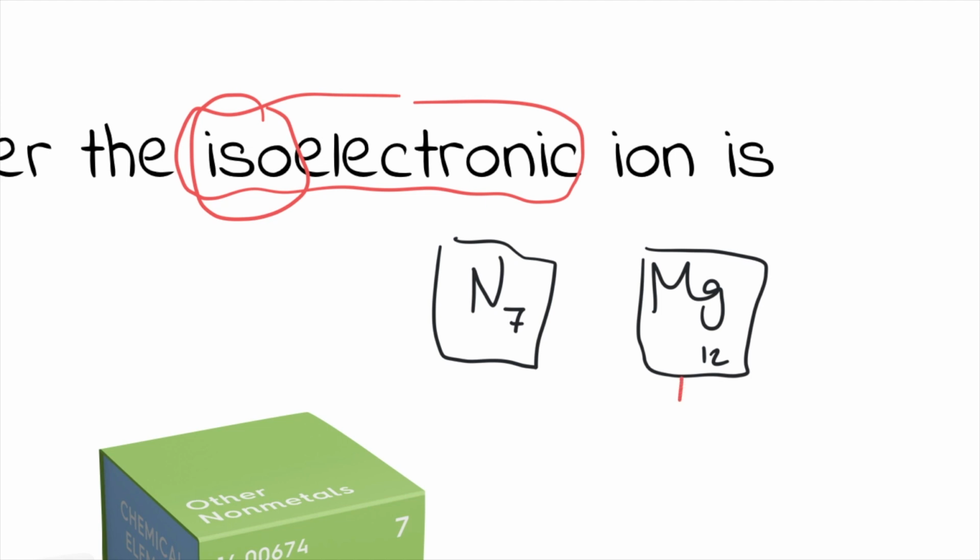Now, the ion of magnesium is Mg2+. If it's Mg2+, you have to take away 2 electrons because it has lost them, so the number of electrons there is going to be 10.